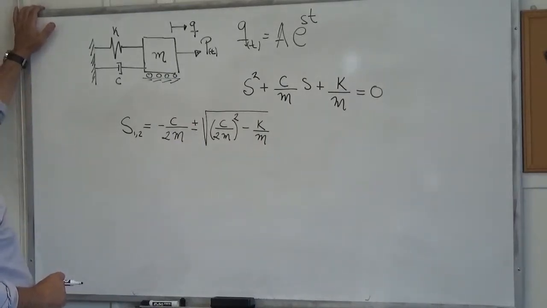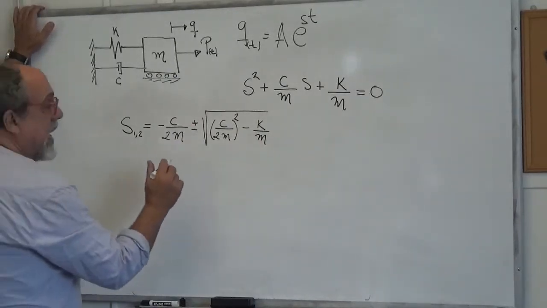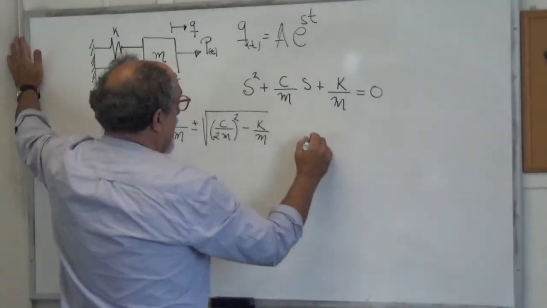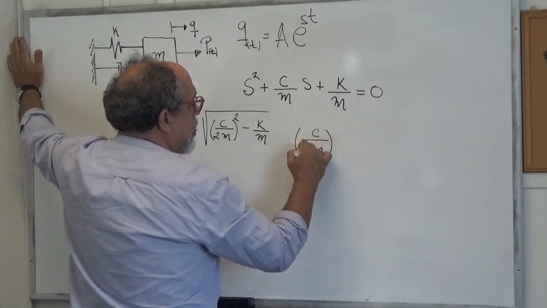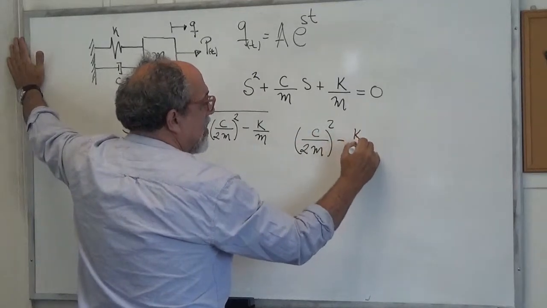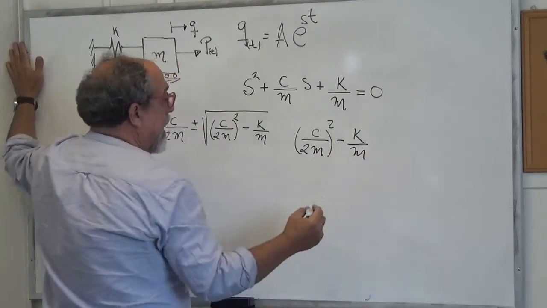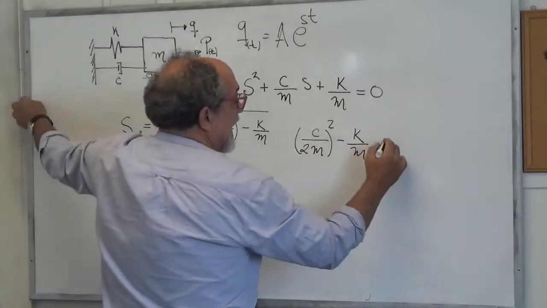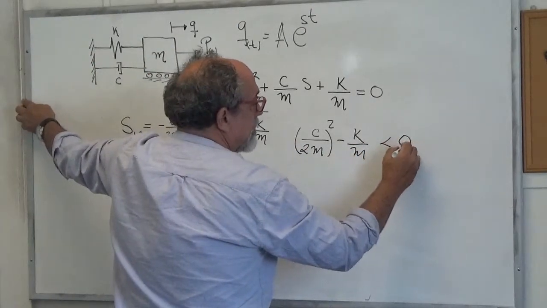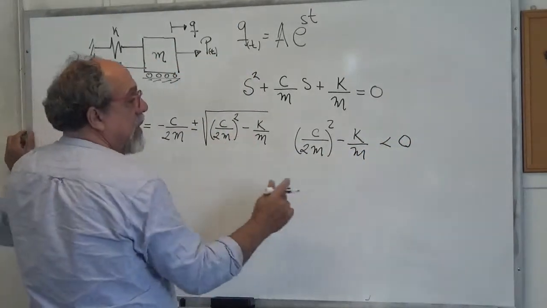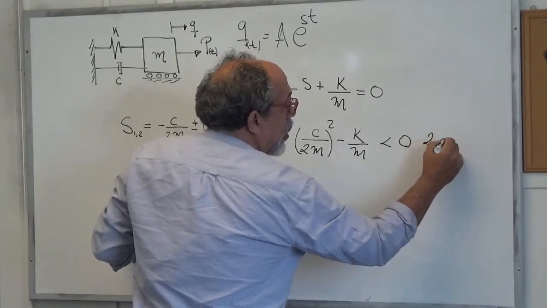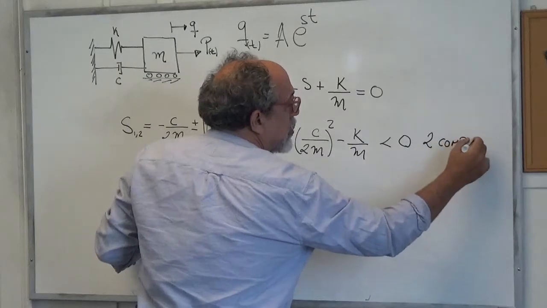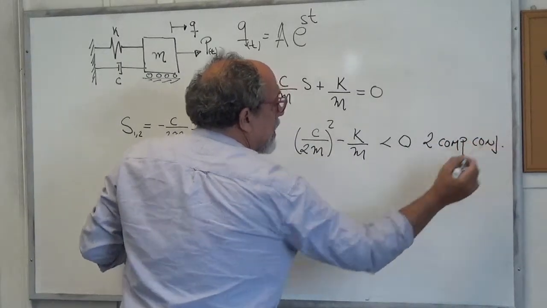All right, so to say it formally, if c over 2m squared minus k over m is less than 0, then this is going to be imaginary, and we have two complex conjugate roots.